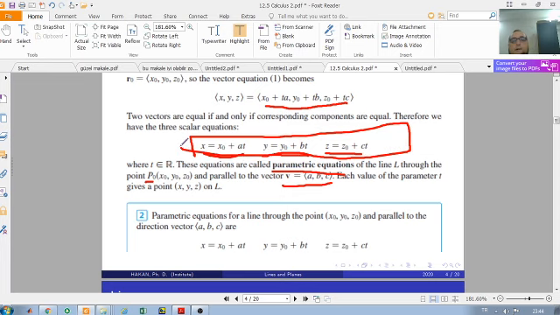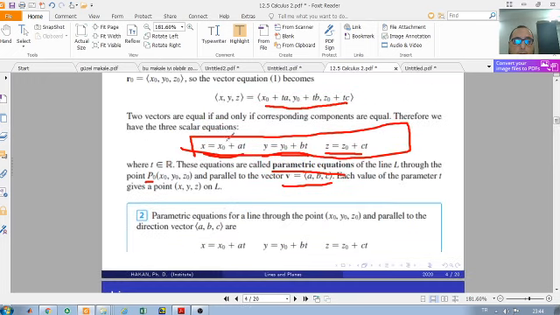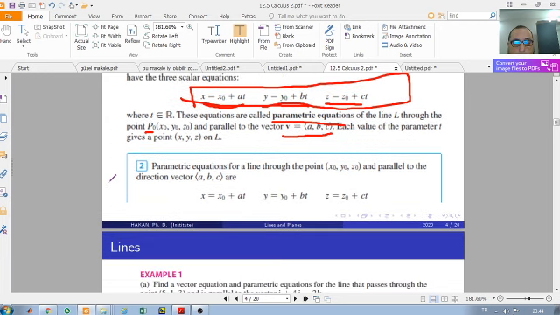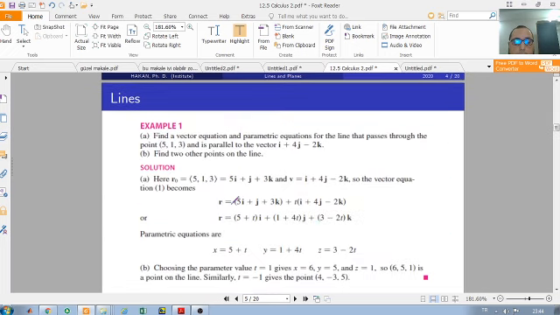This is the second form for the equation of the line in three-dimensional coordinate system. By using the vector equation, we obtain its parametric equations. And parametric equations for a line through the point x0, y0, z0 and parallel to the direction vector are given here.